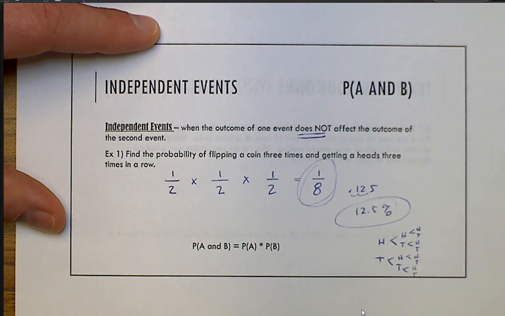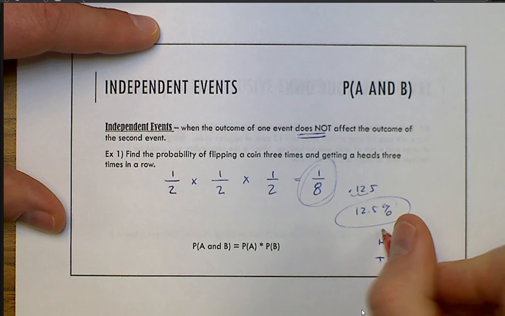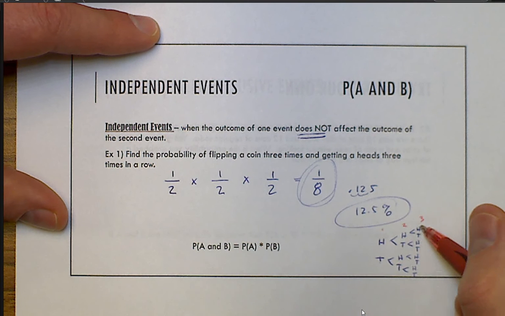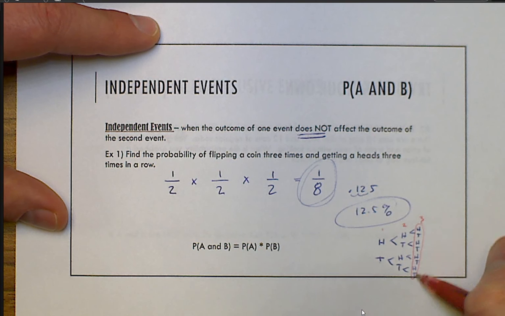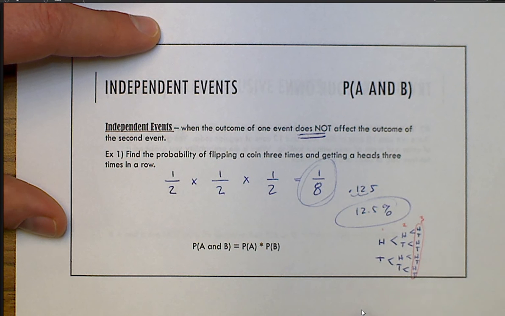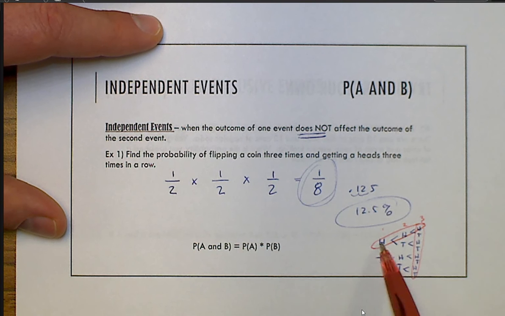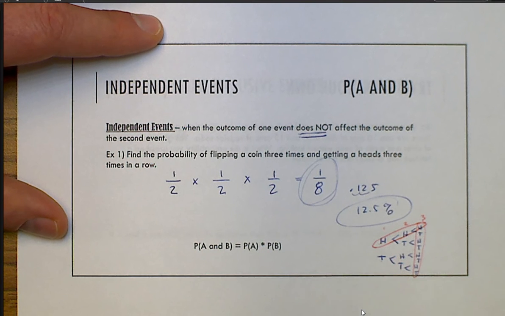And so this tree diagram, that's your first flip, second flip, third flip. You don't have to write this down, but you can see after that third flip how many options are there. 1, 2, 3, 4, 5, 6, 7, 8. And how many times did you get heads 3 times in a row? Just once right there. That's the only time where 3 straight heads showed up out of 8 opportunities. So that's kind of a visual for you.